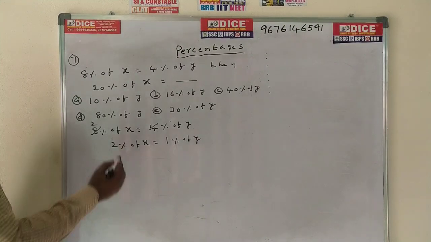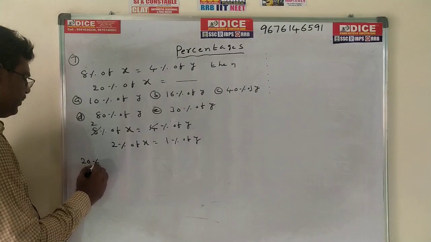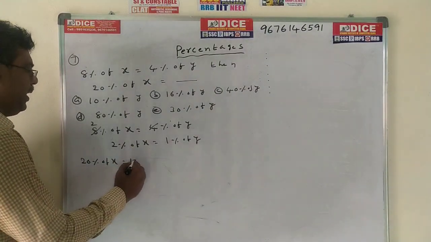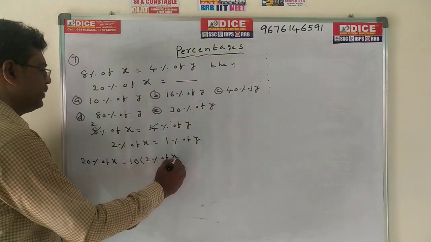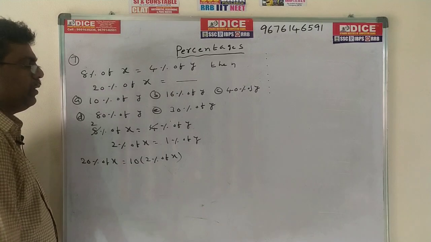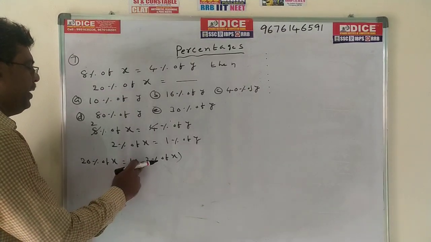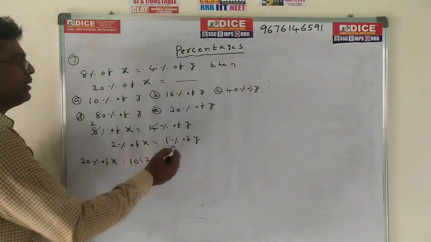Now go to the problem. 20% of x is equal to, I am writing this as 10 into 2% of x. 10 into 2 is nothing but 20%. But already I know 2% of x is nothing but 1% of y.